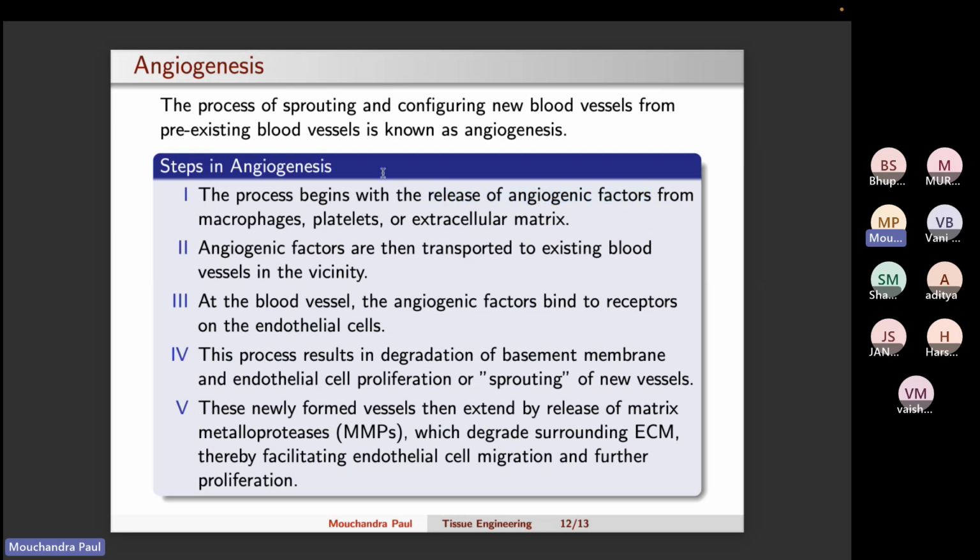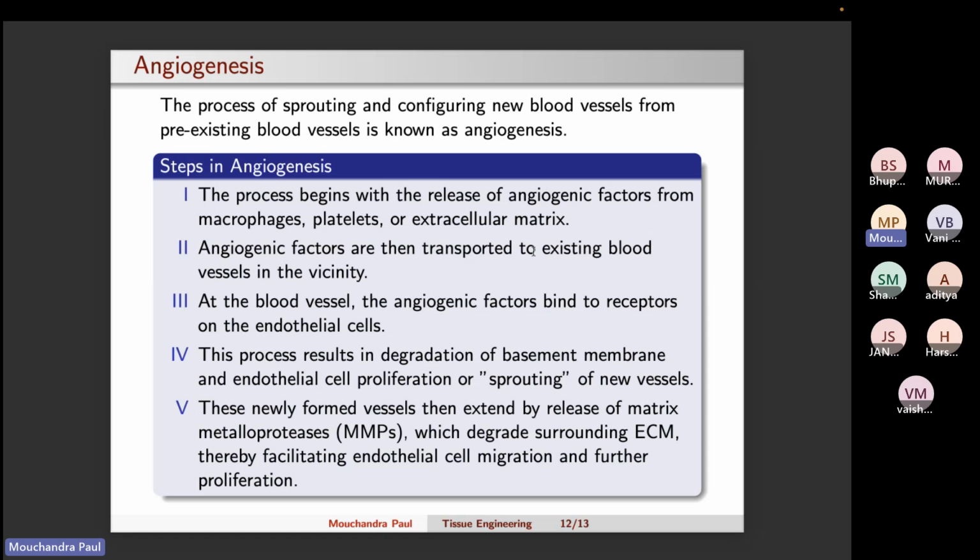These growth factors are released from the inflammatory cells like macrophages, then platelets, and also the ECM matrix. How they can be released from the ECM matrix, you can maybe think over it. So first, these angiogenic factors are released.